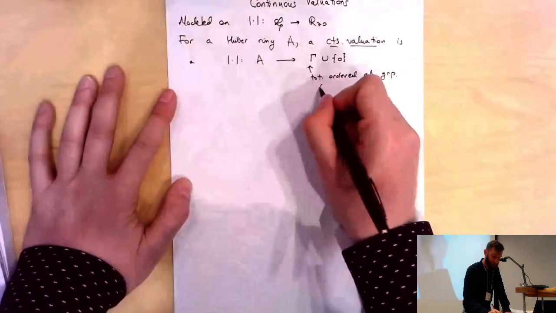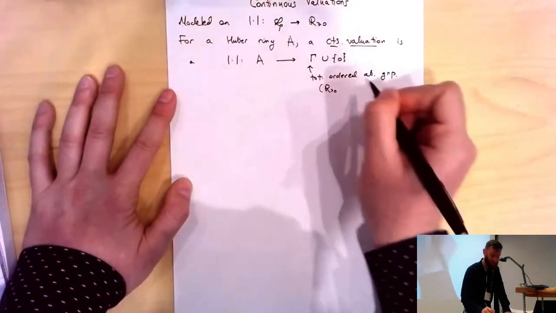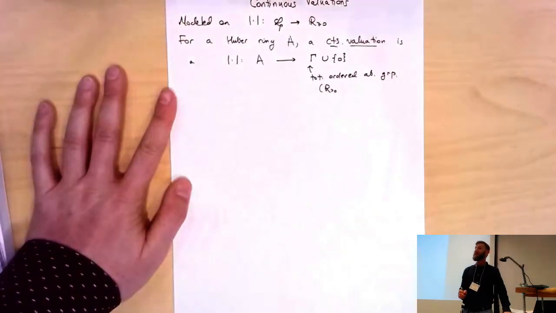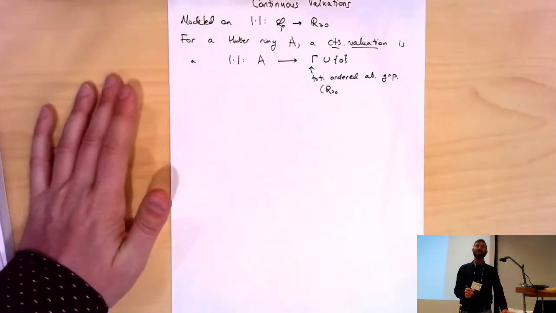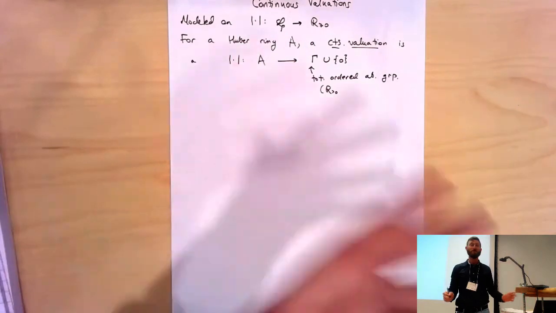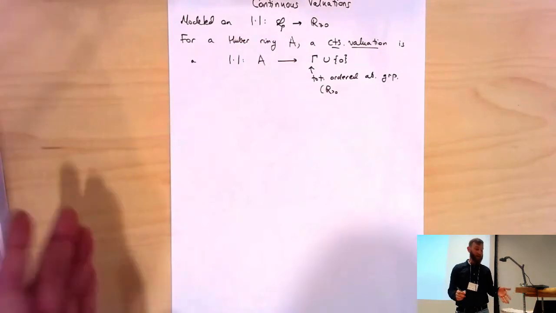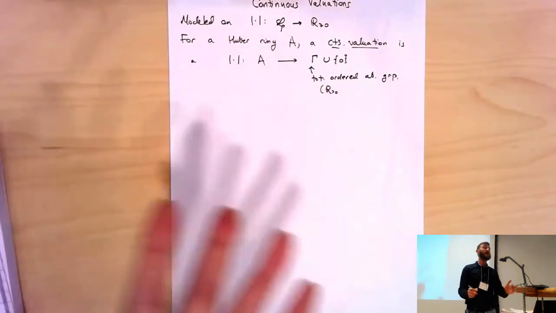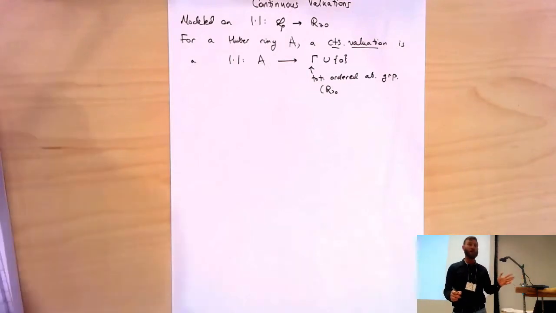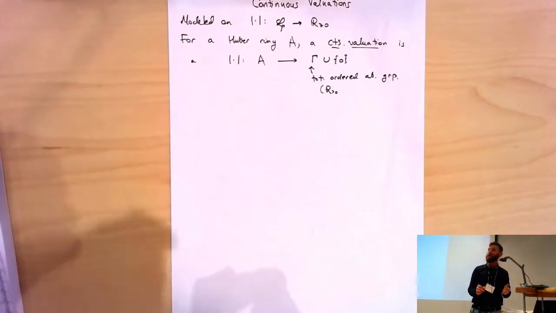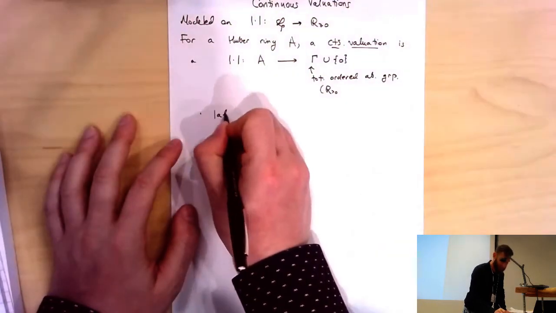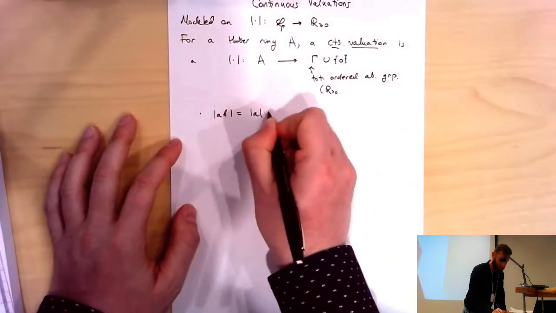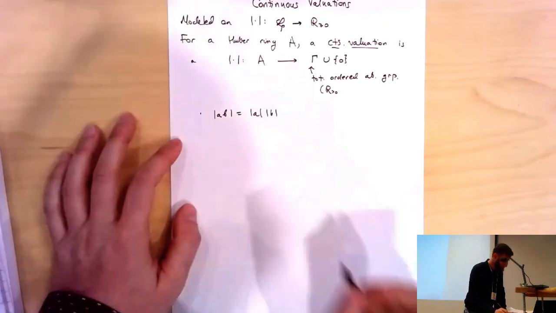For instance, positive reals are a nice, totally ordered abelian group. And when I throw in 0, I get some kind of monoid, right? 0 ruins it being a group. And so I'm writing this multiplicatively. The identity is going to be 1, and 1 should have absolute value 1. But also 0 should have absolute value 0. So the list of things it satisfies is that it be multiplicative.